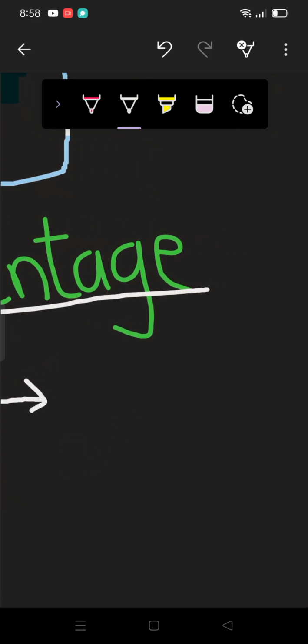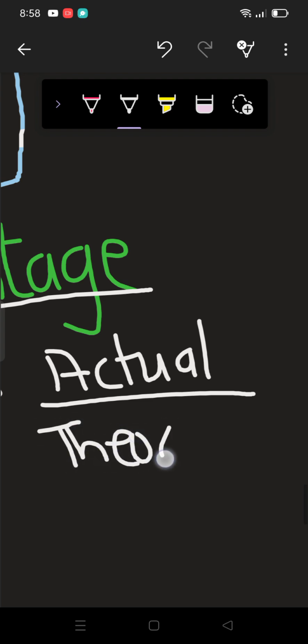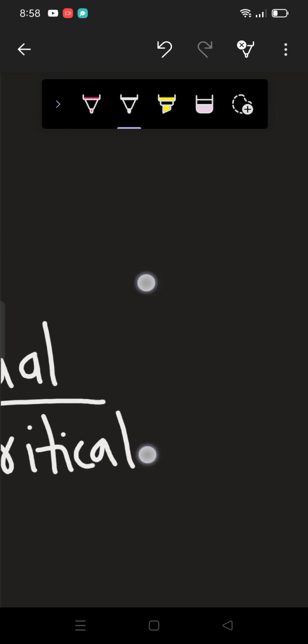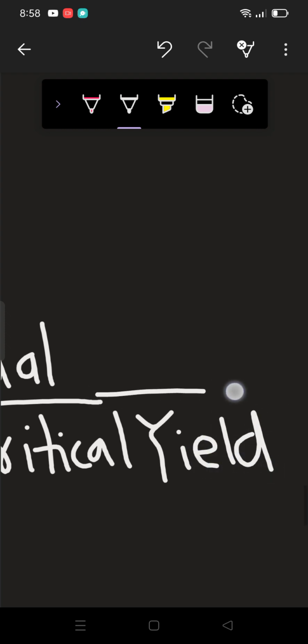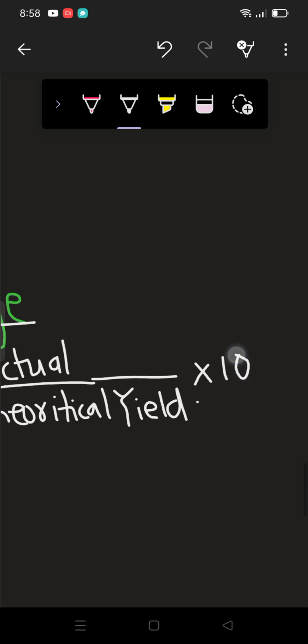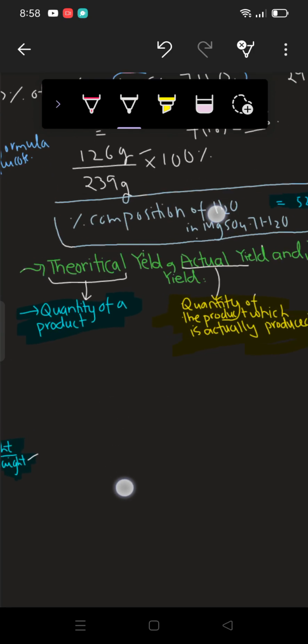Percentage yield is equal to actual yield upon theoretical yield, multiplied by 100, since we are finding the percentage of it, right? So this is the formula for finding the percentage yield.